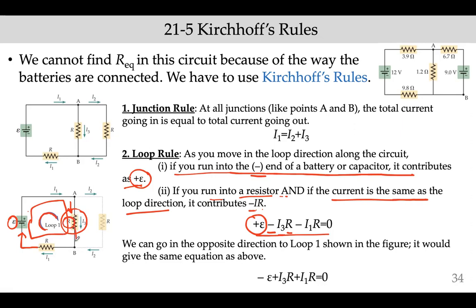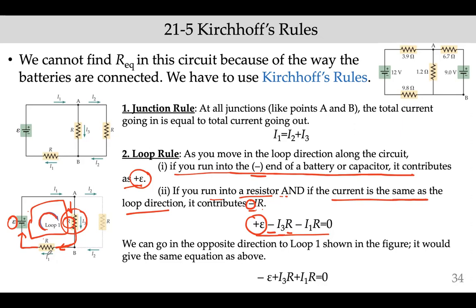I continue here and run into another resistor. Is the current in the same direction as the loop direction? The loop direction is the direction that I walk. In this case, the loop direction is clockwise. The loop direction and the current are in the same direction, so it contributes a negative sign.